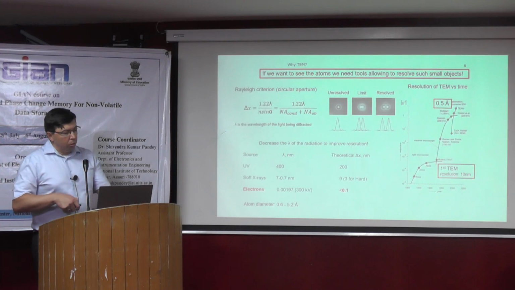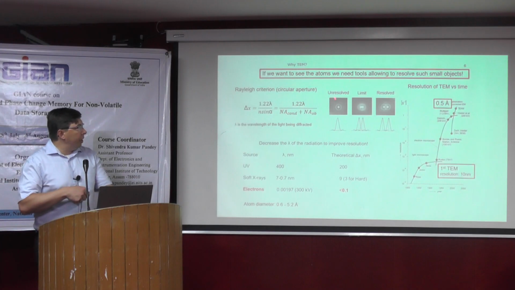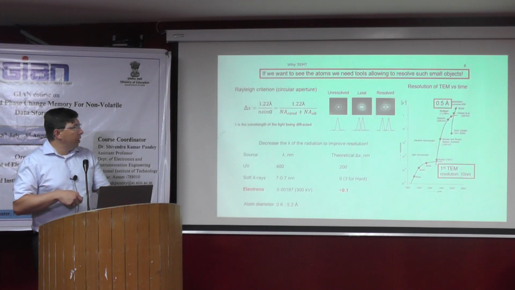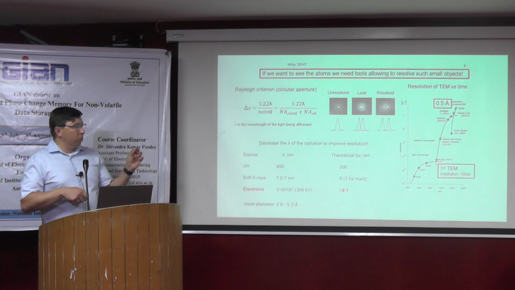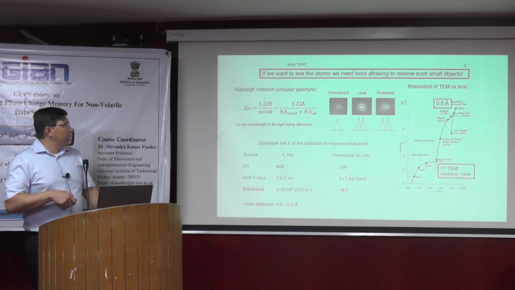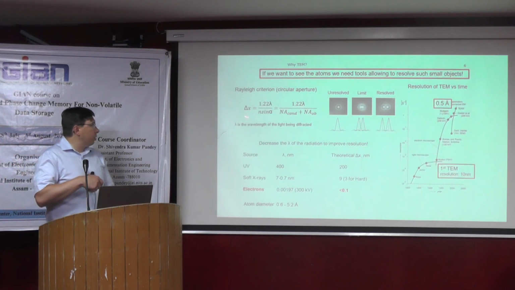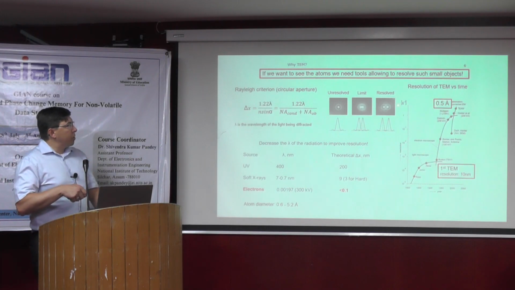First of all, let us look at the criteria for how to resolve objects, if you have two points, and what the criteria are to resolve them. This is given by the Rayleigh criterion, which states that you can resolve two closely spaced objects by this equation: it is equal to 1.22 lambda divided by n sin alpha.